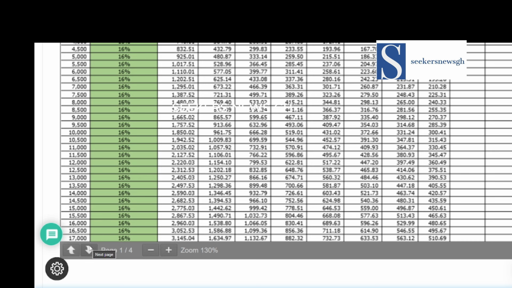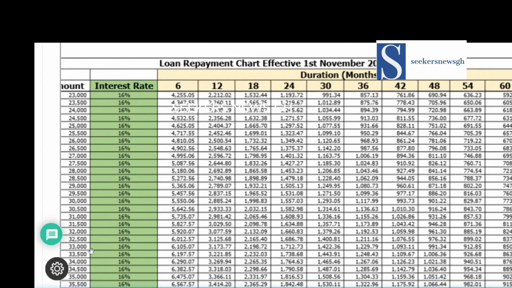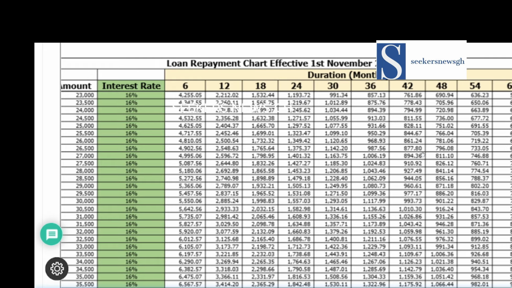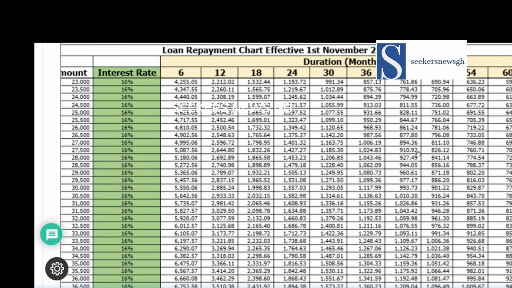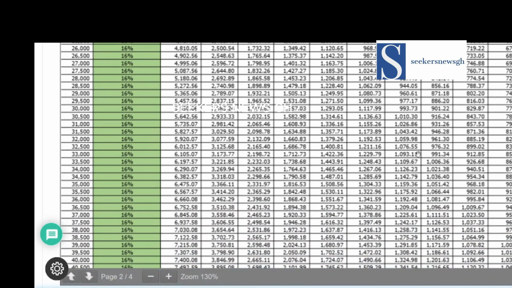So if you go down and then you see the rest, 23,000. So that's the loan amount, the principal, and you can pause it and then look at it.